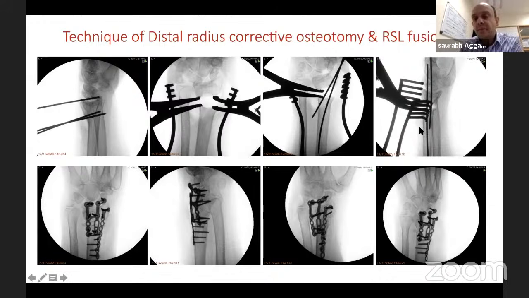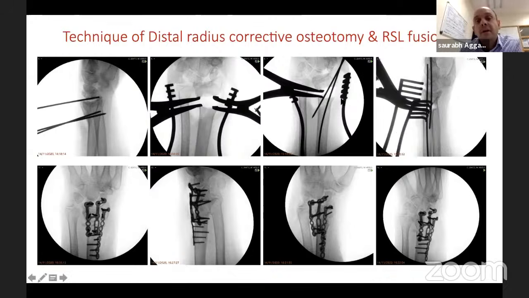Then if I take you to this picture, the fourth one on the right side, you can see I've restored my volar tilt to 5 degrees. So in practical terms, either you get your volar tilt to 5 degrees or neutral, not 10 degrees. The reason being you want the patient to have good extension. So you don't want to create too much flexion in your volar tilt.